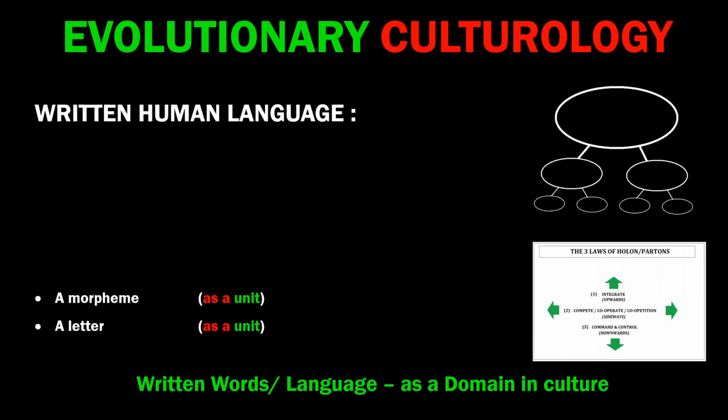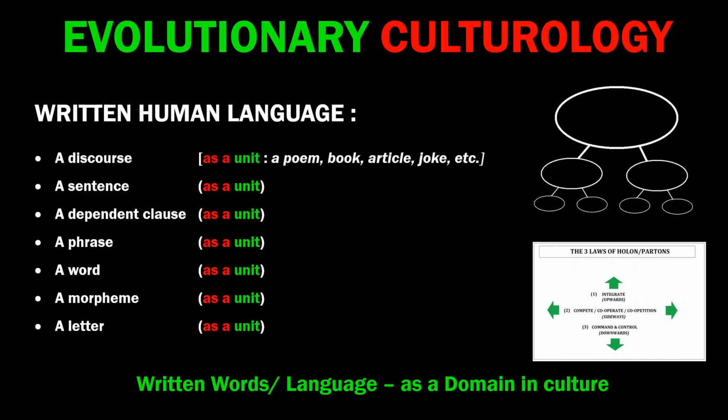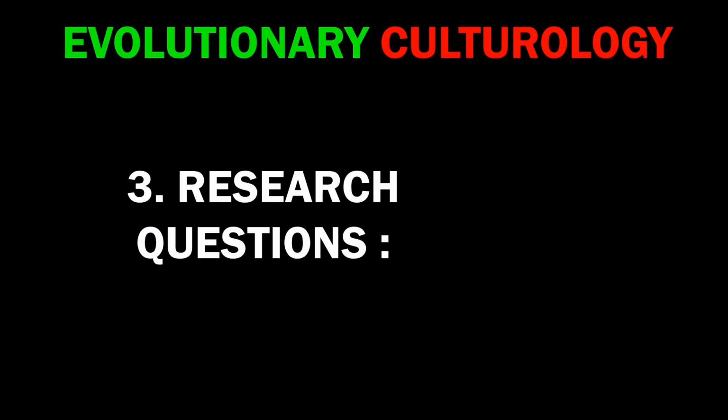And morphemes integrate upwards to become words. They integrate upwards to become phrases. They integrate up into dependent clauses. They integrate into sentences. And finally a discourse, whether it's a poem, book, article, joke, song, or what have you. So that's just looking at one domain in culture, how the units are structured.